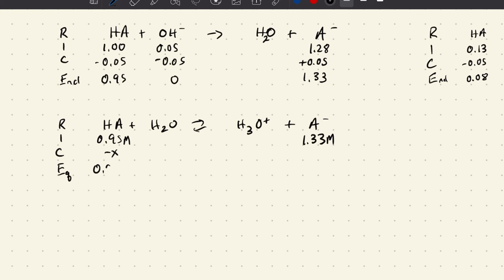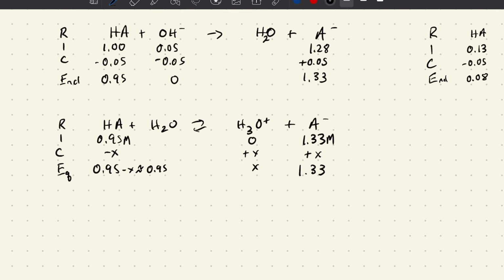The reason that I'm only going to do this once is because we're going to make the assumption that this is just 0.95. This one's going to go up by x, making it just x. And this one's also going to go up by x, but we're going to assume that's just 1.33. Now I have the concentration of acid and the conjugate base at equilibrium.